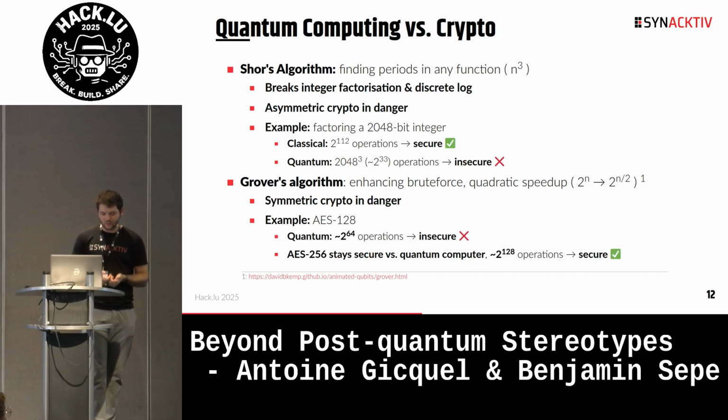And here with a quantum computer, with around 2 to the 64 operations, you can brute force an AES key. So AES 128 becomes insecure. However, you can notice that AES 256 stays secure against the quantum computer, as the quantum speedup would lead to 2 to the 128 operations, which is still secure.